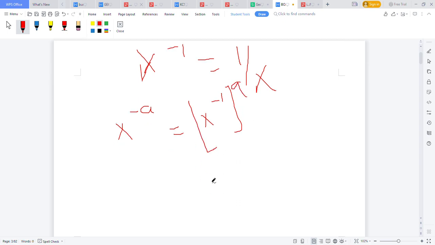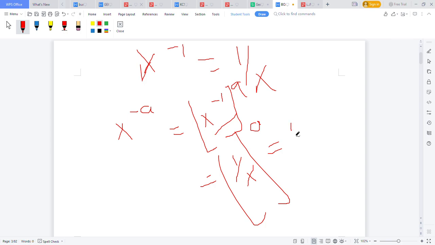This simply means the reciprocal, so you're going to have 1 over x, then this is raised to a. But remember, 1 raised to any positive whole number is the same as 1.